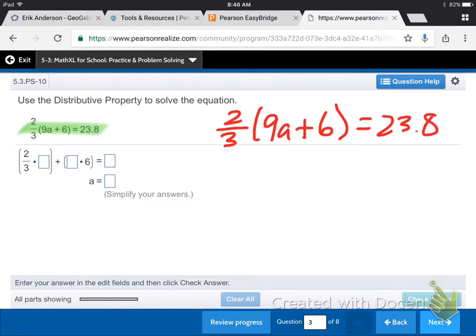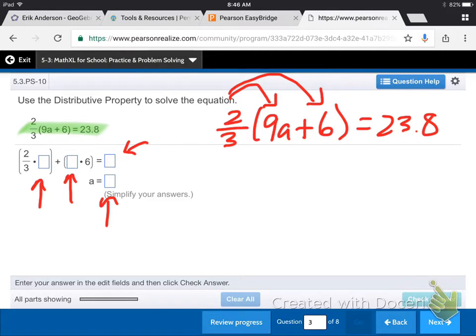Now, when we're looking at the answers, what to put right there, and right there, we just look at our distributive property, okay? So we're going to have 2/3 times 9a, remember we do the arrows, that's 2/3 times 9a and 2/3 times 6.